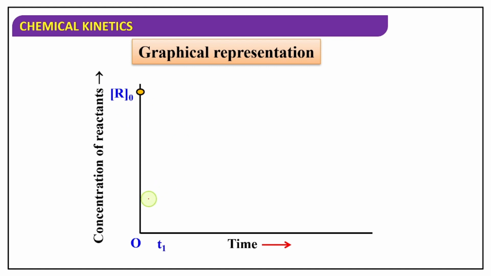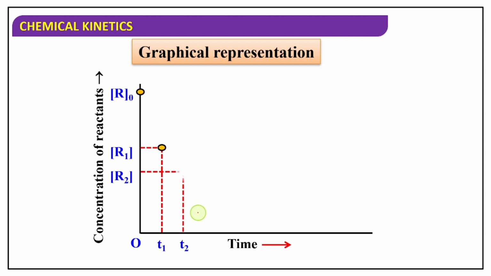When time increases, let me consider t1. What is going to happen to the concentration of the reactant? The concentration of the reactant decreases. So at time t1, I find the concentration R1 is here. Now let me move on to the next time instant.